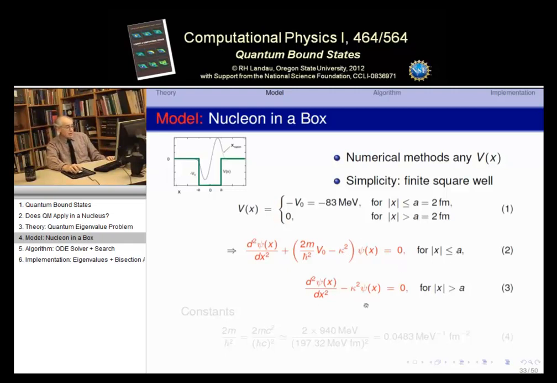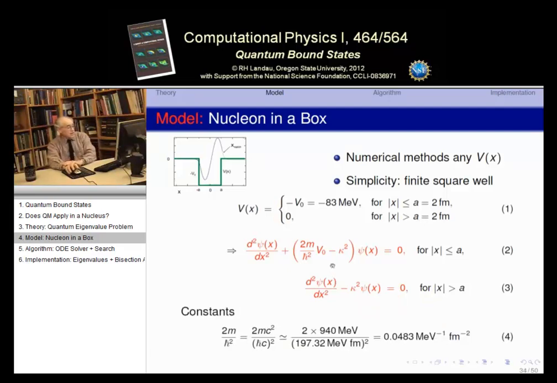Outside the well, we know the analytic solution: e to the minus kappa x and e to the plus kappa x are the 2 solutions for that equation. Even if you didn't have a square well, as long as you had any potential which vanished outside of some range, this equation would still hold. A would be the range of the potential, and then you'd still have these 2 possible solutions. So that's very good.